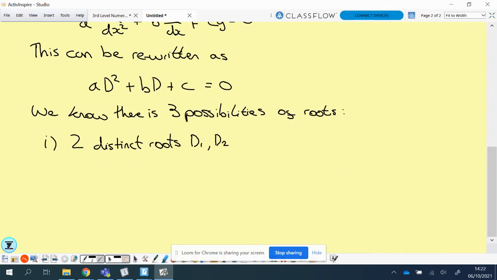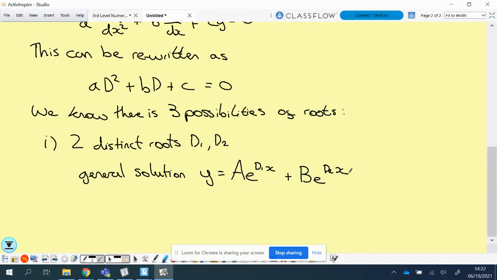And what that would do is, if that was the case, then the general solution to solving that second order differential equation will look like y equals, and then it would be a constant A, e^(D1 x), plus a constant B, e to the second root to the power beside x there, okay?